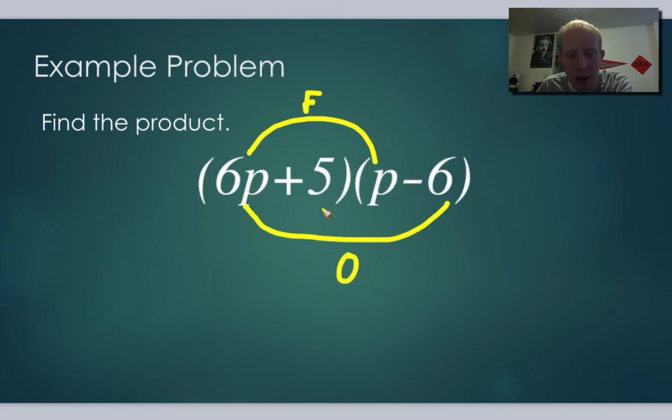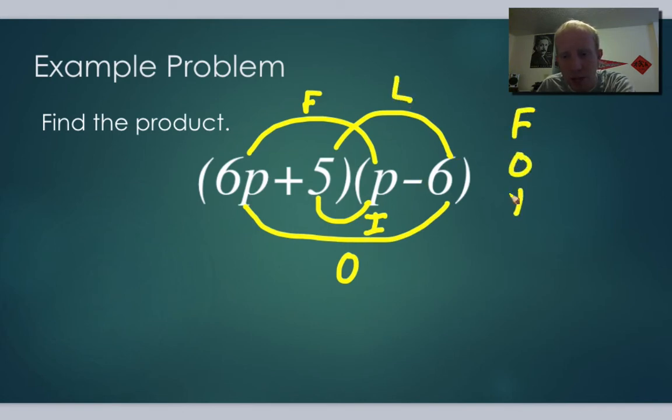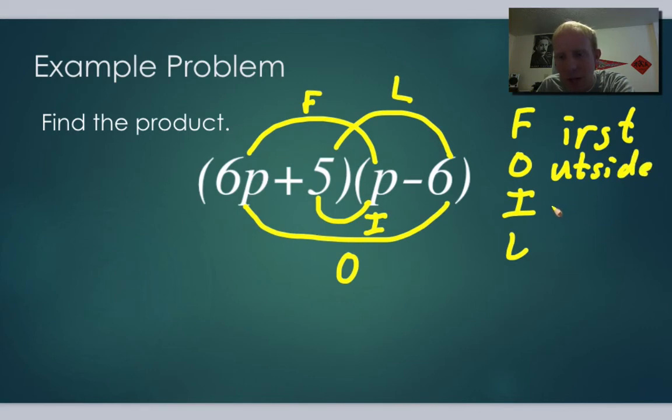And then these 2 terms are the inside, and these 2 terms are the last. So that's what FOIL stands for: first, outside or outer, inside, and last. Okay, so that's where it comes from.